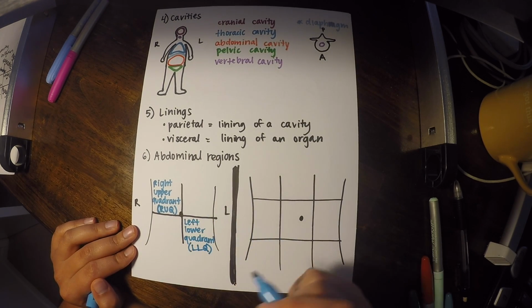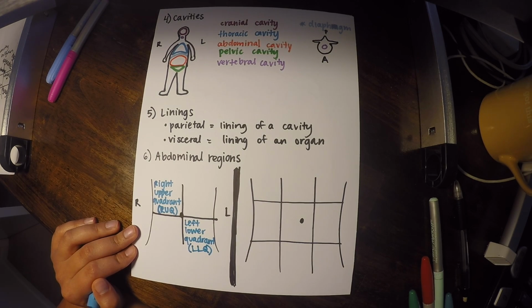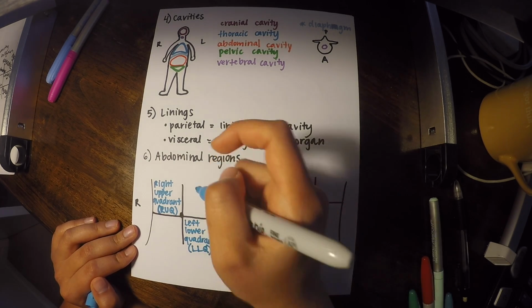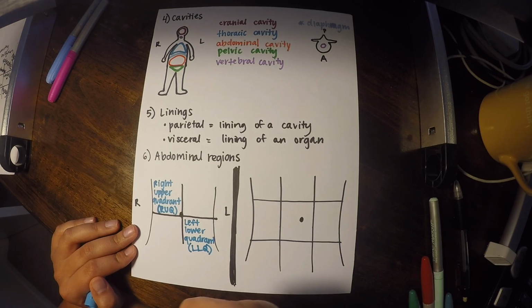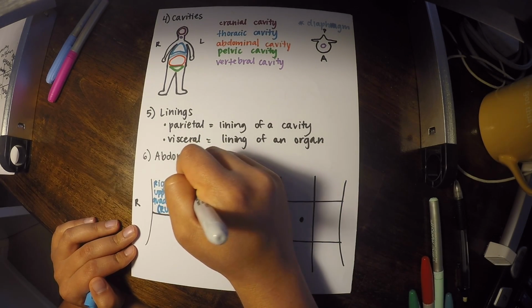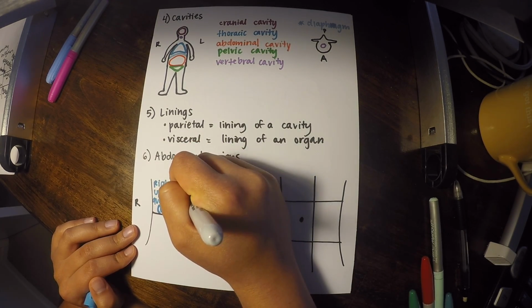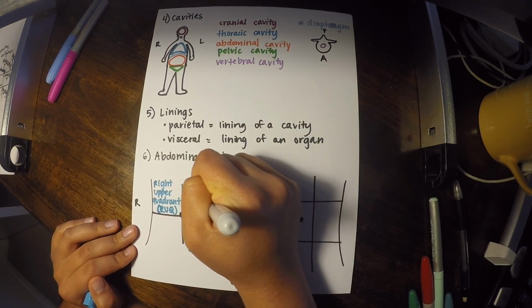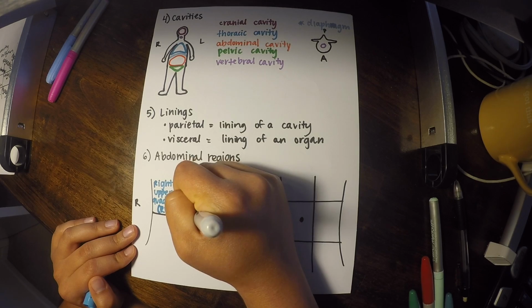Now this one up there, what do you think this is going to be? Right, it's going to be our left upper quadrant. So I'm just going to write that out for us. Left upper quadrant, LUQ.